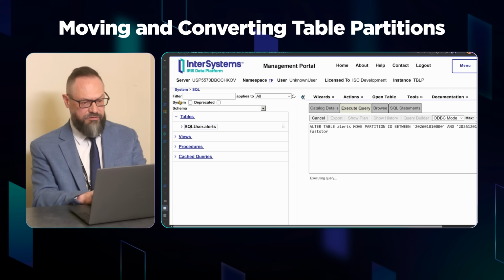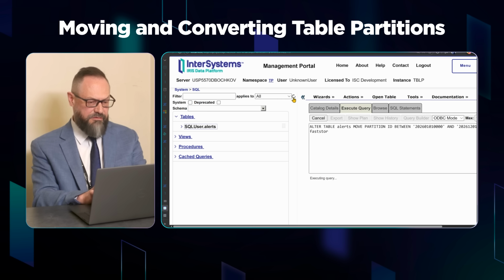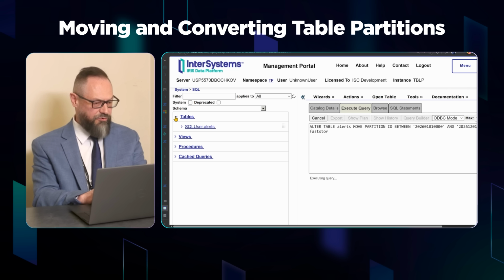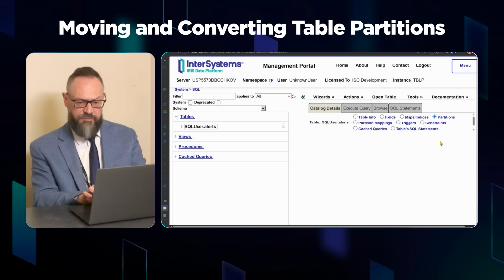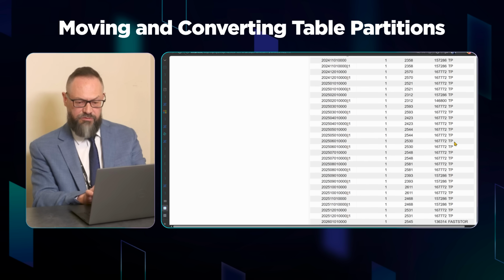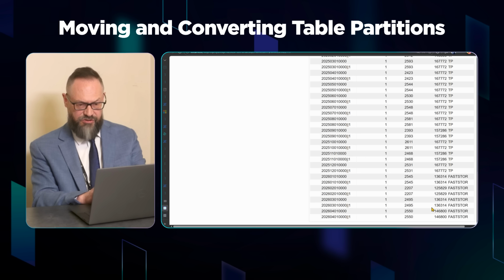I'm going to refresh my data again and see what's going to happen there. So go into tables, taking a look at my table, partitioned, and if I scroll down, I will see that all my data for 2026 are now stored in my fast disks.